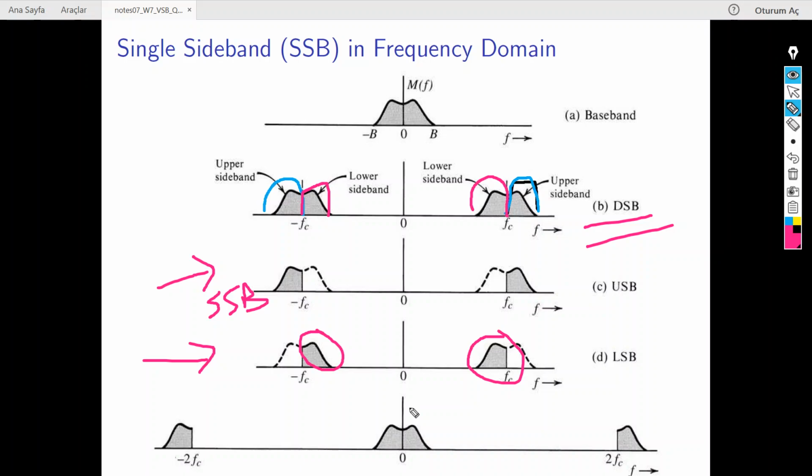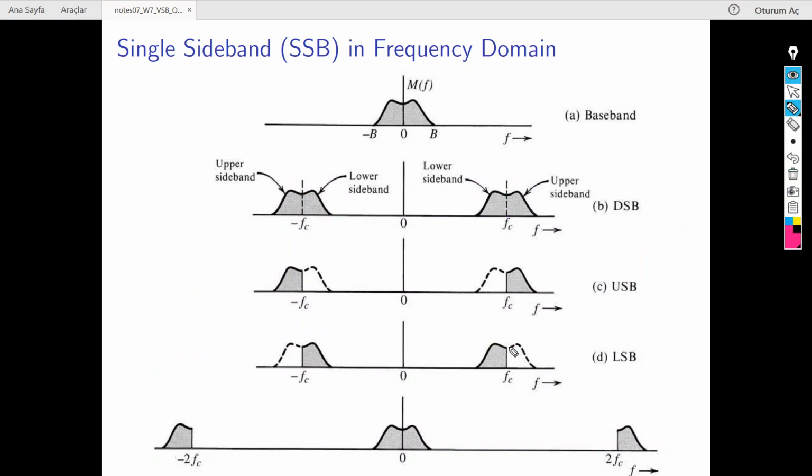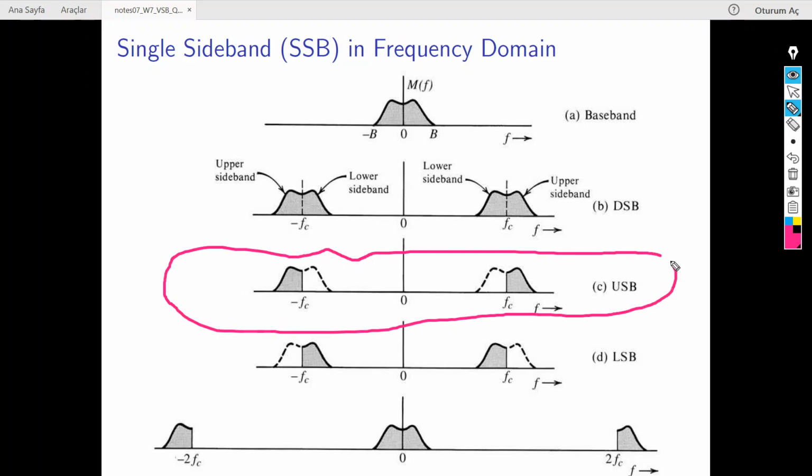I just multiply it again by the carrier, cosine 2 pi fc t, and then look what happens. Let's say I'm focusing on this part.